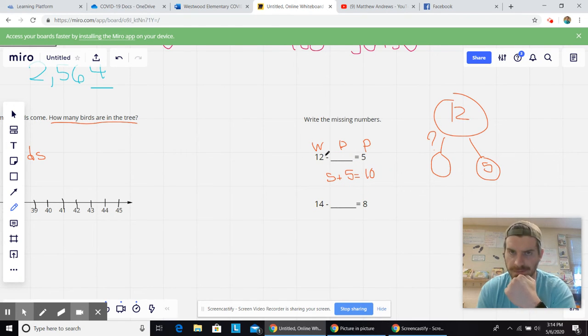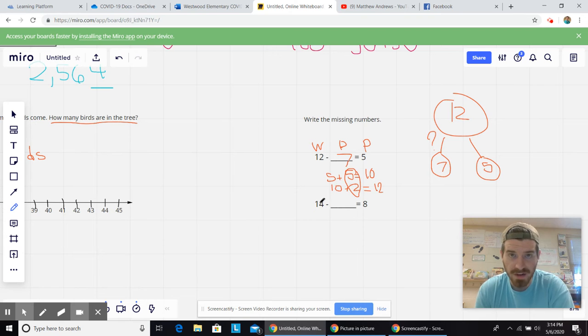But I haven't gotten back to the whole yet, 12, so I got to keep going. But I do know that if I have 10, all I need is 2 more to get to 12. And altogether, I added 7. 5 plus 2 is 7. So that lets me know that 7 plus 5 is 12, which means that 12 minus 7 must be 5.